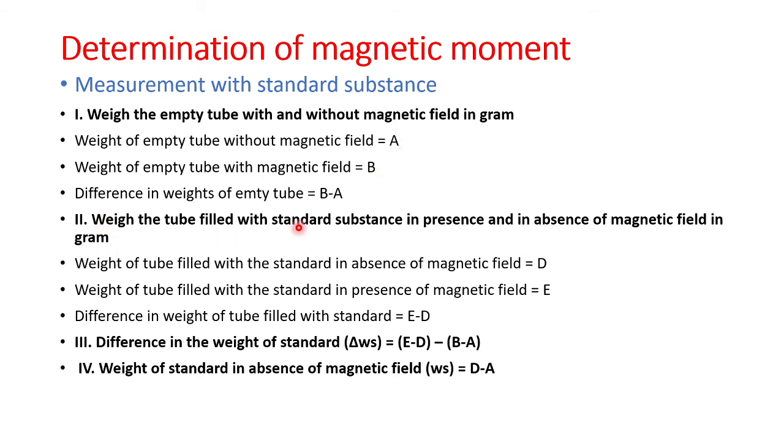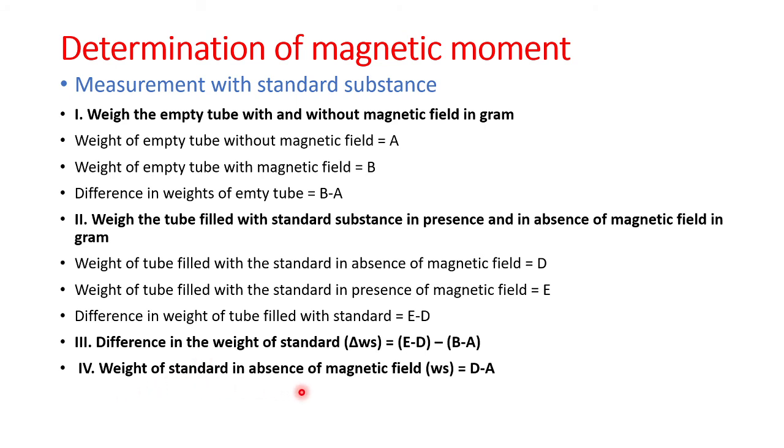Now the weight of the tube filled with the standard substance. Fill the tube with the standard substance, whose magnetic susceptibility is already known, and again weigh it with and without the magnetic field. The weight of the tube filled with standard substance in the absence of magnetic field is D, and in the presence of magnetic field is E. Therefore, the difference in weight of the tube filled with standard is E minus D. Therefore, the difference in weight of the substance, del Ws, is (E minus D) minus (B minus A).